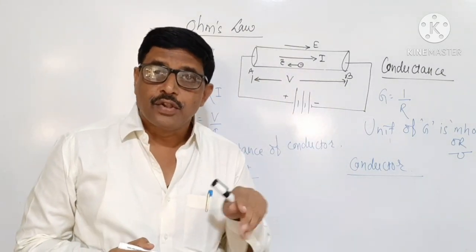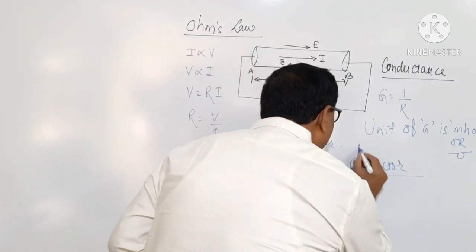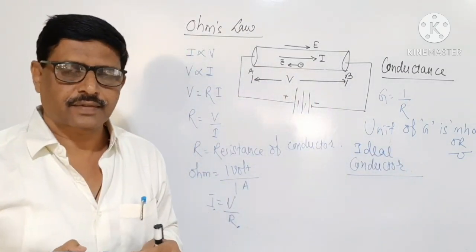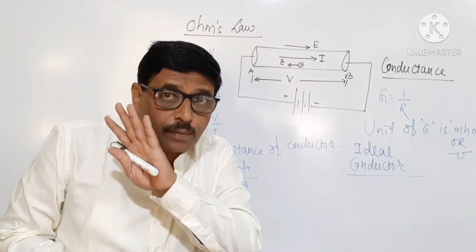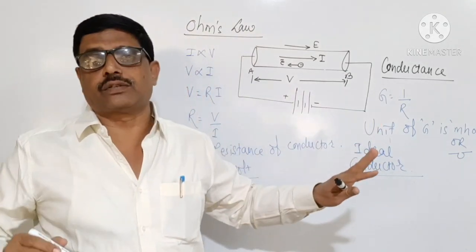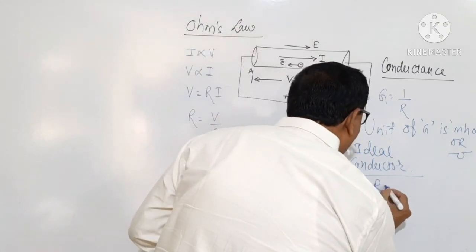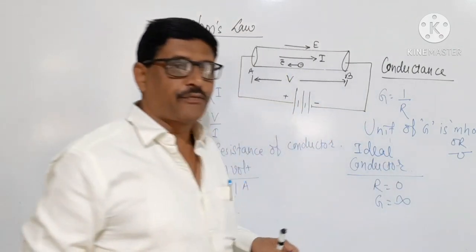The conductor which allows the flow of current. If it is an ideal conductor, what I expect here is that in an ideal conductor there should not be any opposition to the flow of current. For an ideal conductor, R should be equal to 0 and G should be equal to infinity.